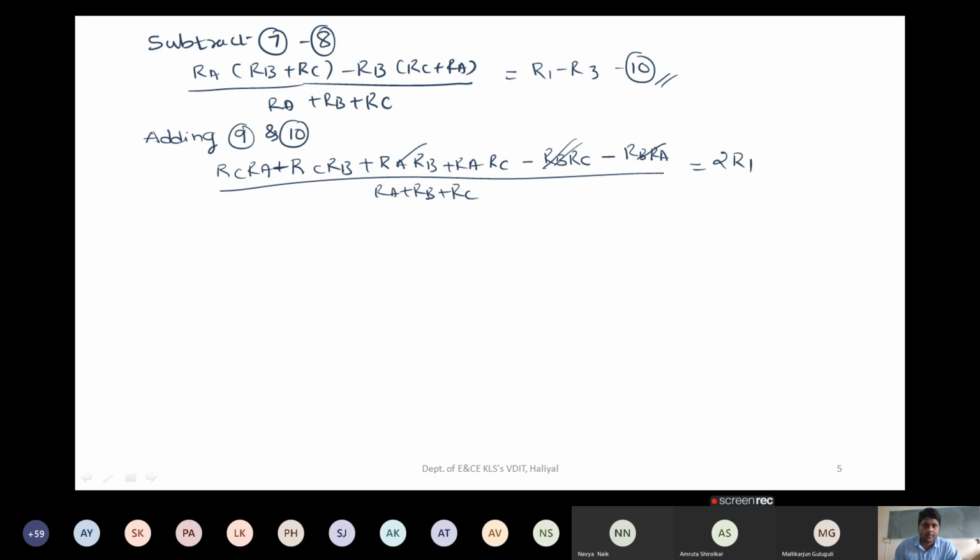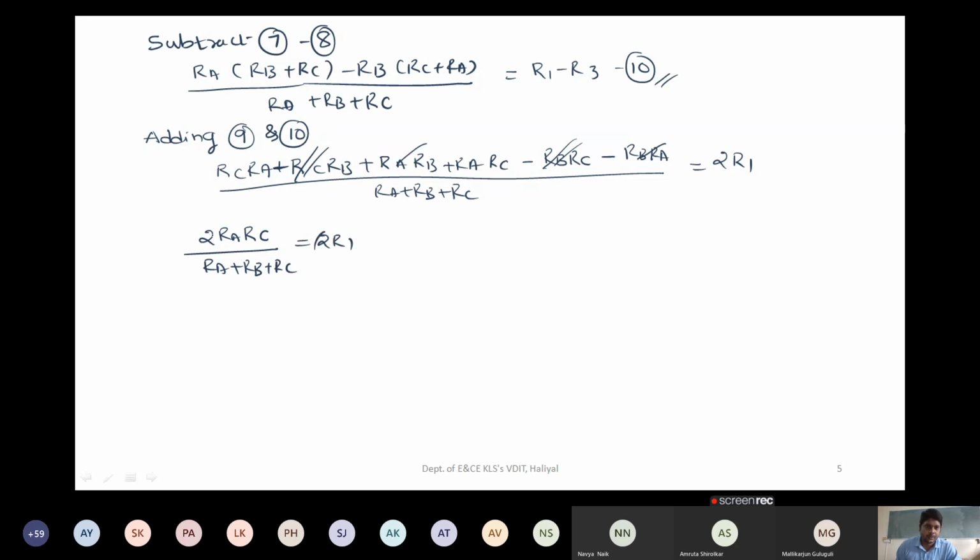Similarly, RB RC minus RB RC and plus RB RC, it will get cancelled out. So you will be left with what now? RA RC plus RA RC, that is 2 times RA RC divided by RA plus RB plus RC equal to 2 times R1.